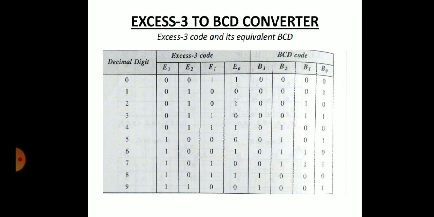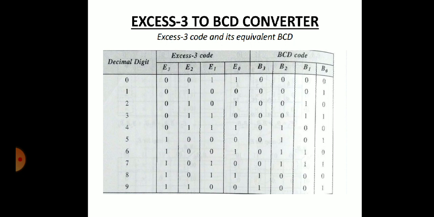How can you convert to the BCD code? Just take the XS3 equivalent decimal digit and subtract 3 from this digit. So 0011, that is 3. So 3 minus 3, that is 0. So you represent this 0 in BCD code as 0000.